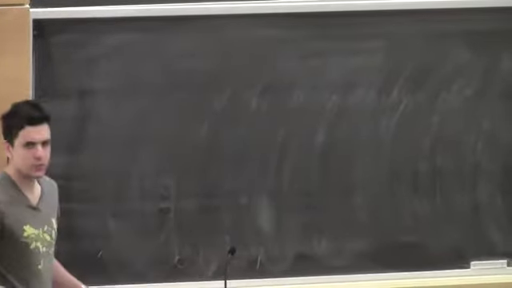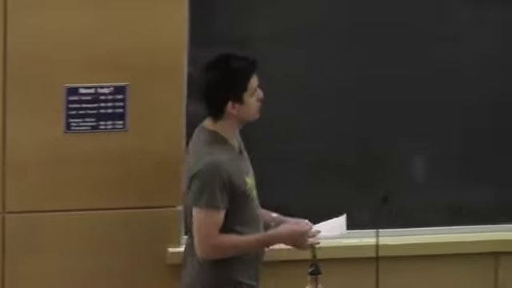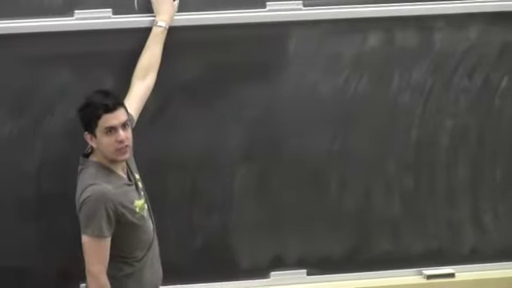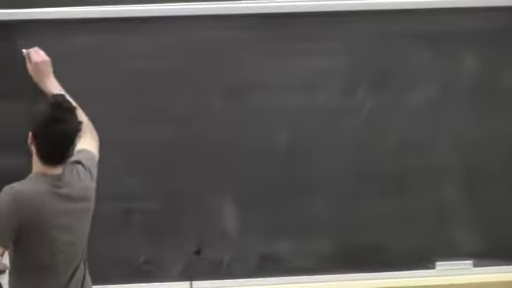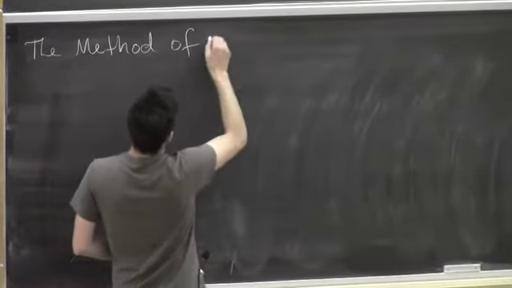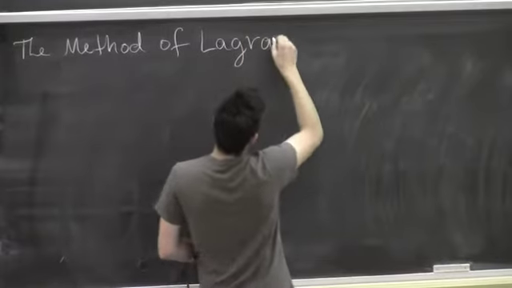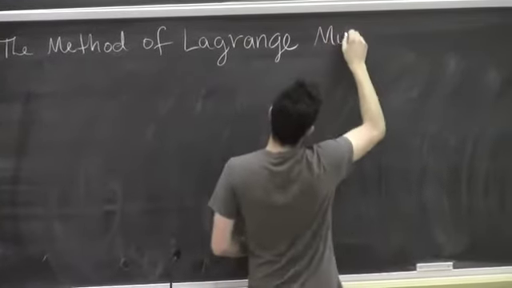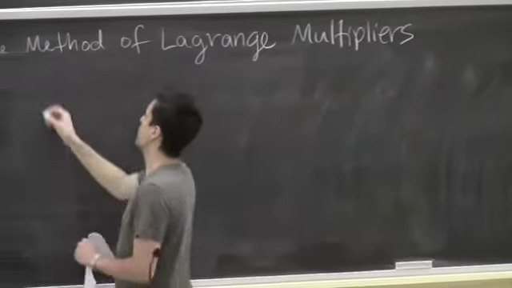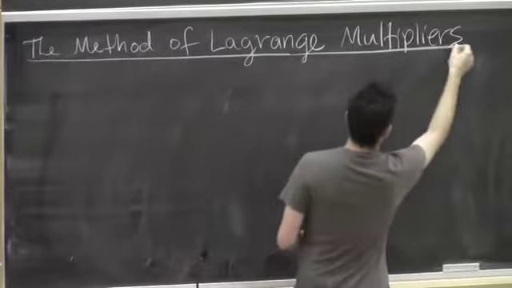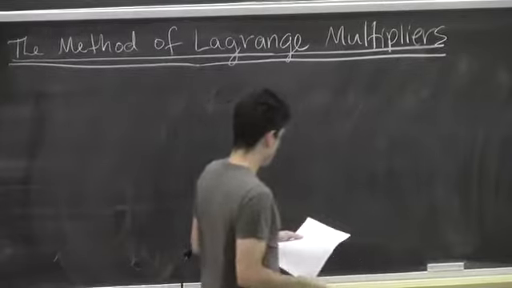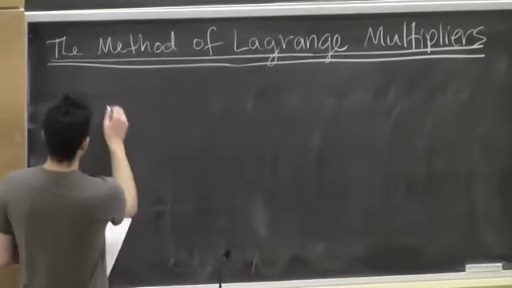Okay, so now we're going to introduce this thing called the method of Lagrange multipliers, and what it does is it makes this into a method for finding these optima. Okay, so what does it say?